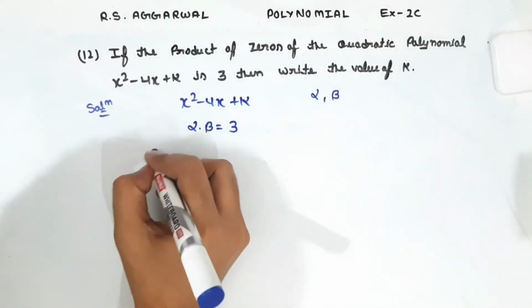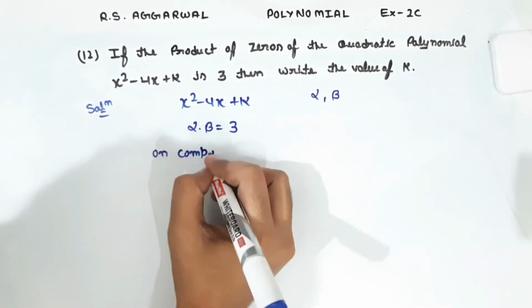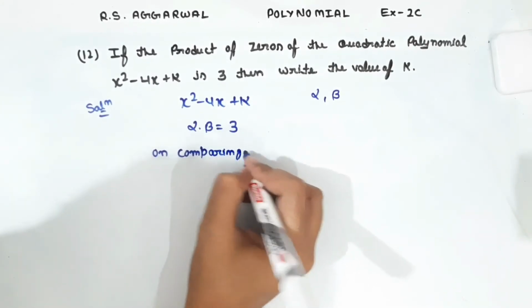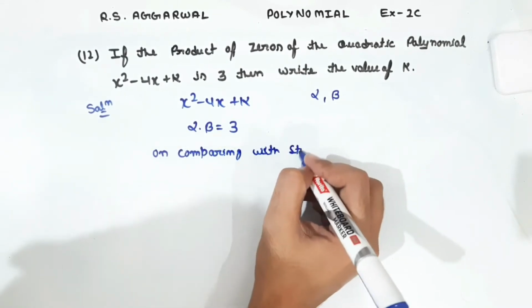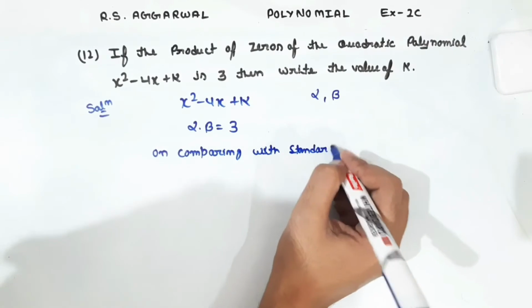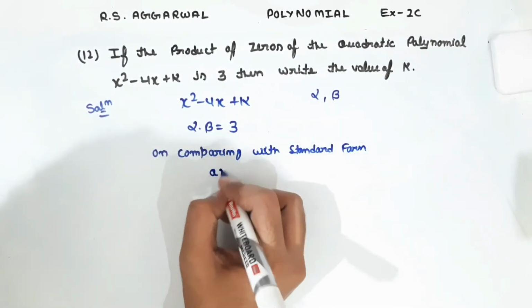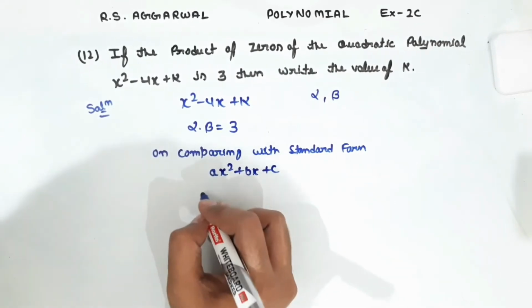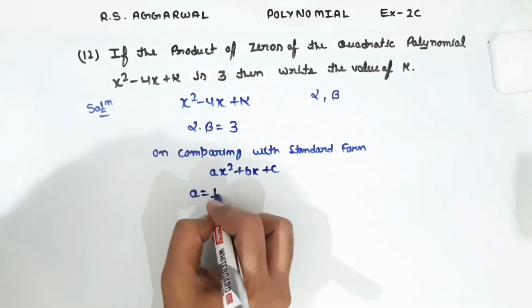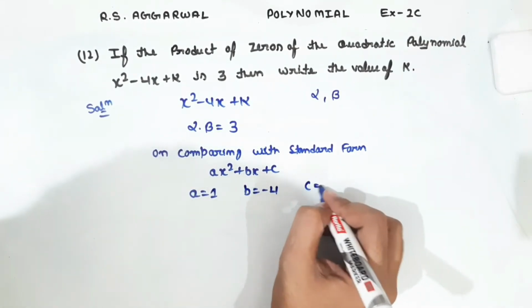So now comparing with the standard form. The standard form is ax square plus bx plus c. So from here a will be equal to 1, b will be equal to minus 4, and c will be equal to k.